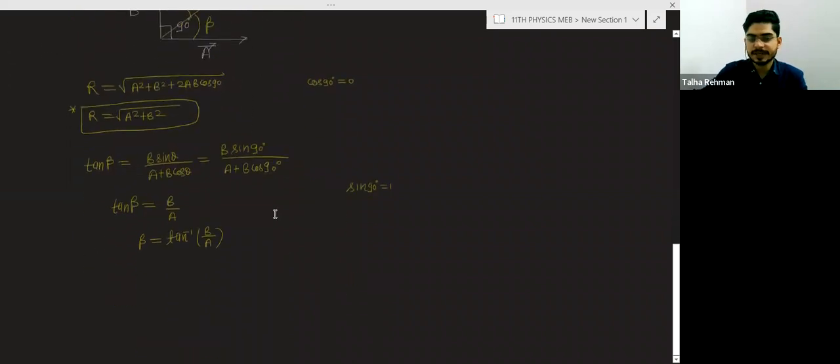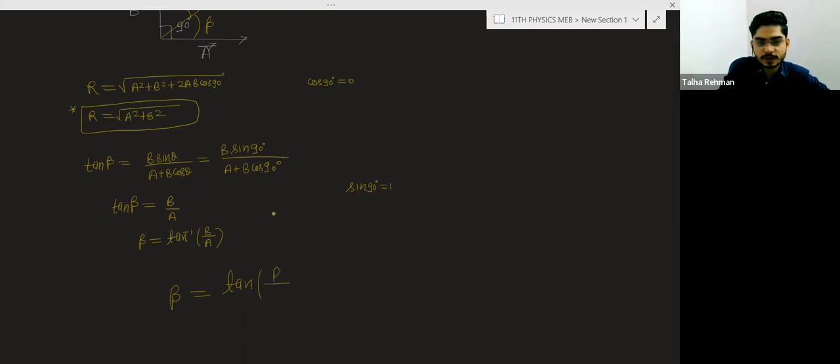So the case that I was talking about, when two vectors have equal magnitude and those vectors are at 90-degree angle, then what will be the beta? Tan inverse. The magnitude of both the vectors are equal. Suppose the magnitude of one vector is p, another vector is p.